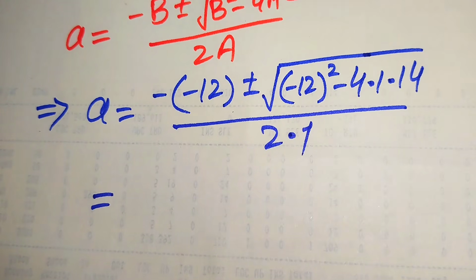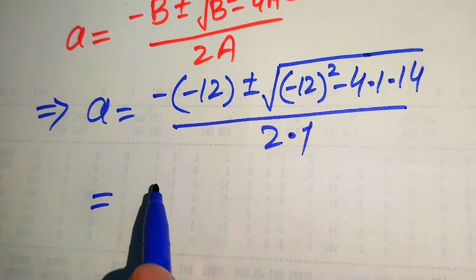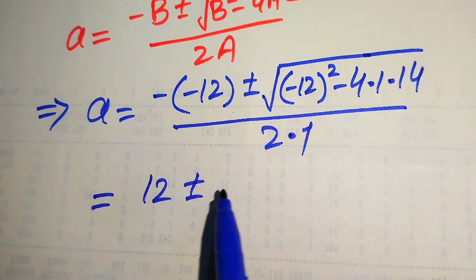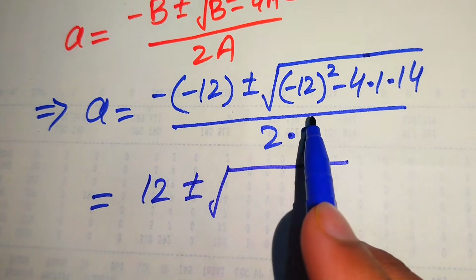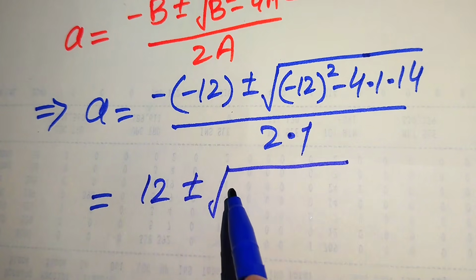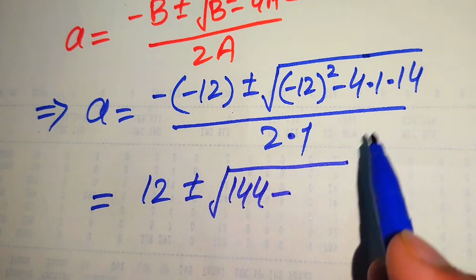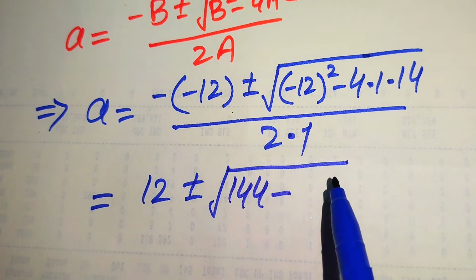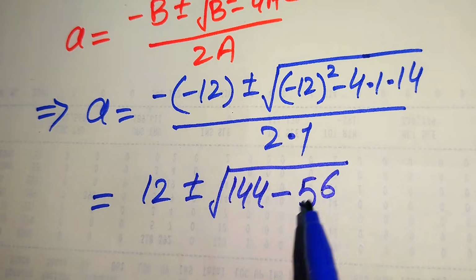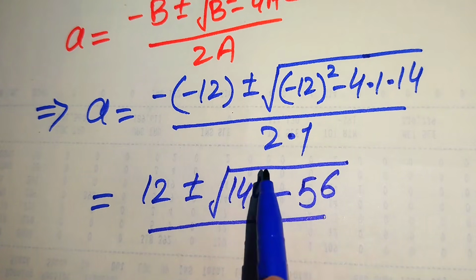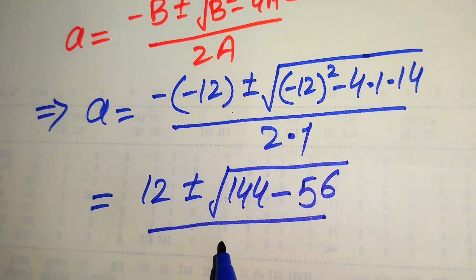Now in the next step, minus times minus becomes plus 12 plus minus square root of minus 12 square, which becomes 144, minus 4 times 14 is equal to 56, divided by 2 times 1 is equal to 2.